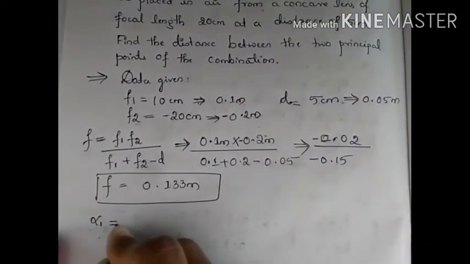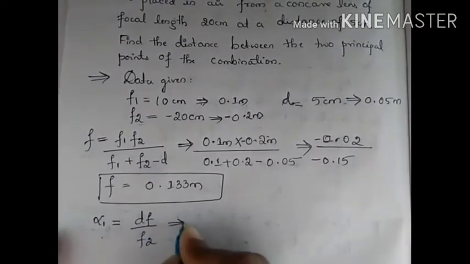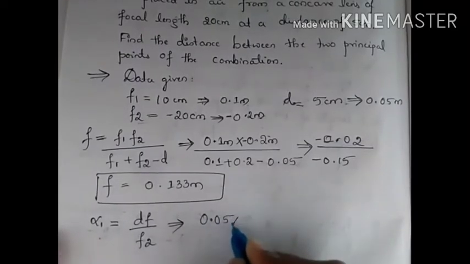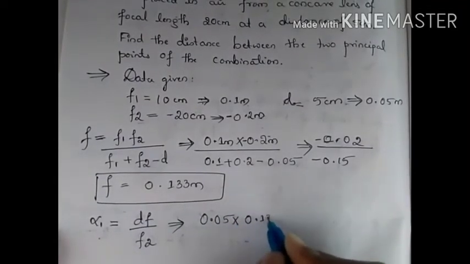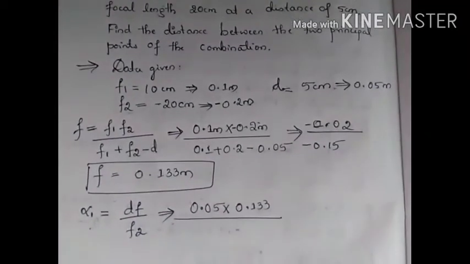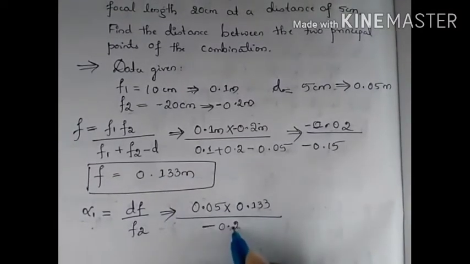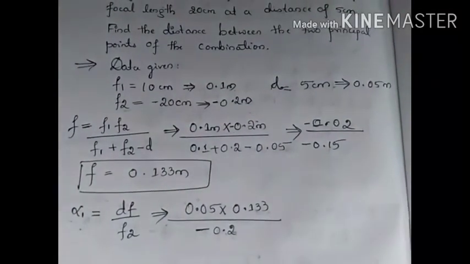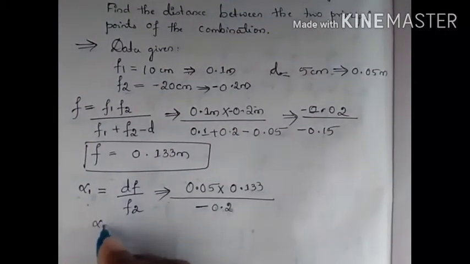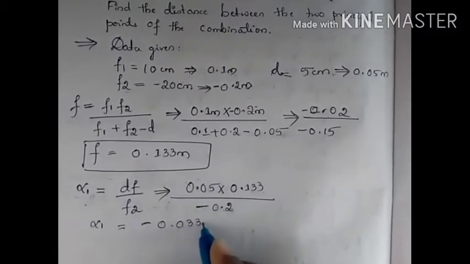Alpha 1 is equal to d F by f2. We know the value of d, that is 0.05, multiplied by 0.133 and divided by f2, which is minus 0.2 meters. If you solve, what you will get is alpha 1 equals minus 0.033 meters.